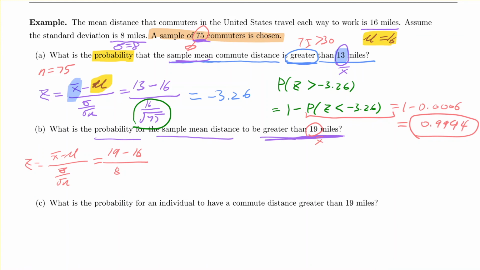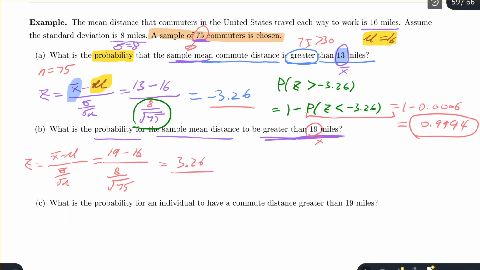Oh, I'm sorry, I think I wrote 16 here, but I meant to write 8. The number is still correct, I just wrote an incorrect number. This is 8 divided by the square root of n, which is 75. And if I calculate that, I get positive 3.26.